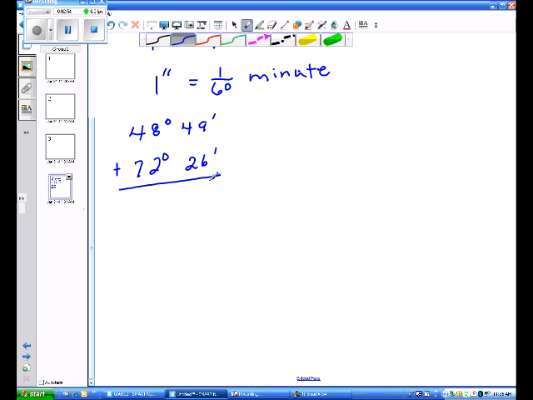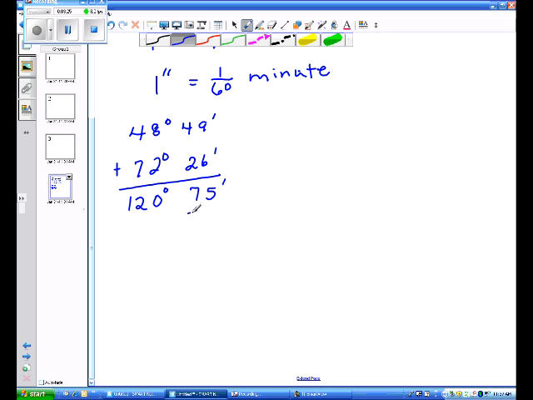So as we go through this, we'll add up our minutes, so we have 75 minutes. And we'll add up our degrees, and we have 120 degrees. We can't add the degrees to the minutes. We have to keep those separate. But when we did this, we ended up with more minutes than 60. And we know that 60 minutes is equal to 1 degree. So we're going to have to simplify this.